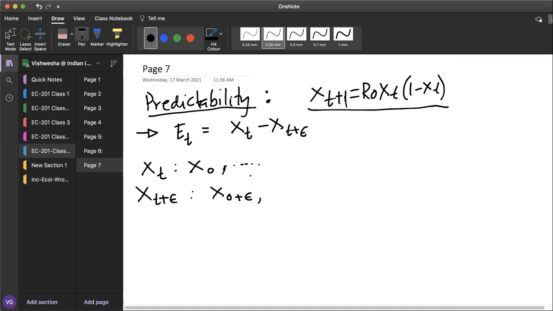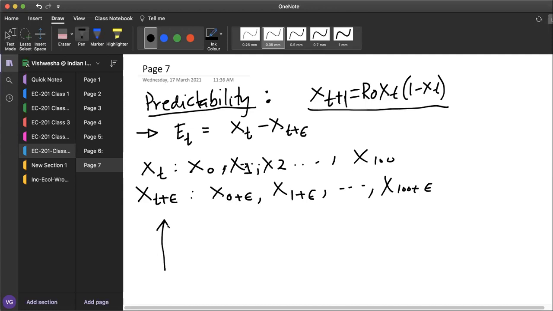So I'll get x1 plus epsilon and so on. So this was x1, x2, let's say we do up to x100, and likewise we have x100 plus epsilon. Then we find the difference between the two trajectories and we plot them.